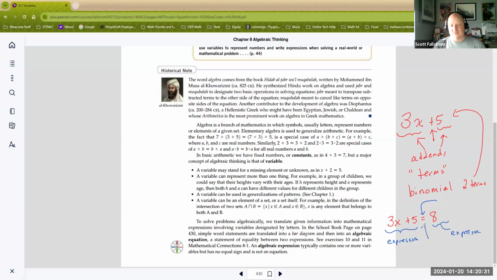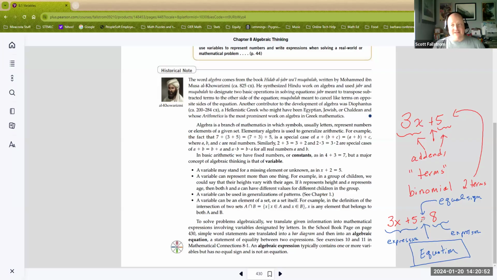And when we say those two expressions have the same value, we use an equal sign. And that makes this an equation. And an equation indicates that one quantity is equal to another.